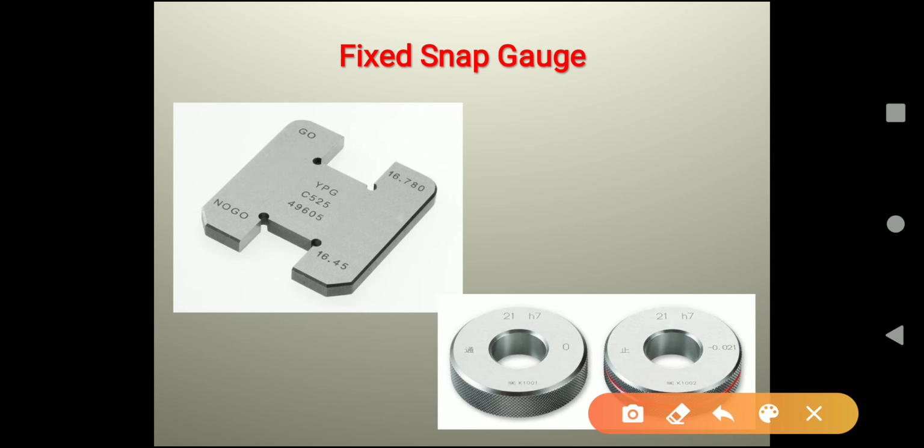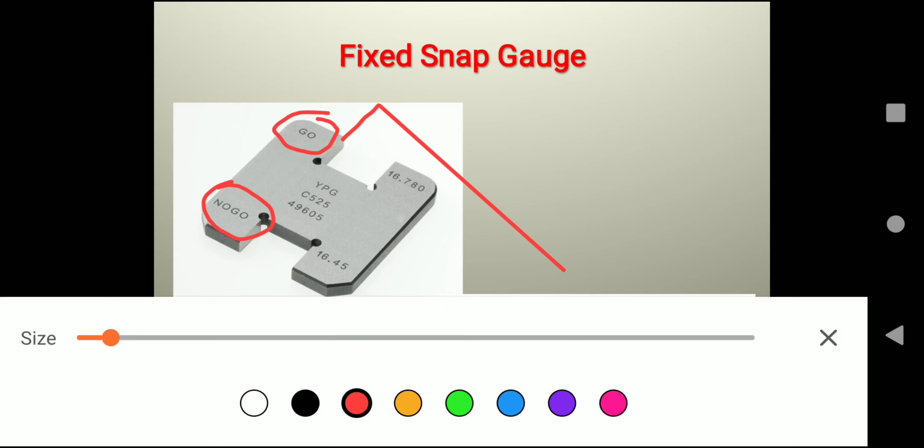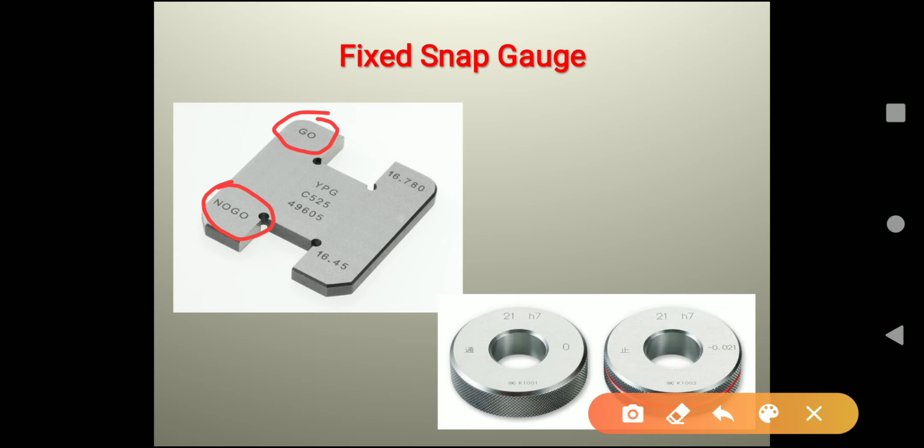Here you can see how exactly the snap or ring gauges are. In this image, this is the double end type of snap gauge. Here you can see the go limit and no go limit. We have to check the size of a shaft in this manner. When it passes through go, it is accepted, but it should not pass through the no go.